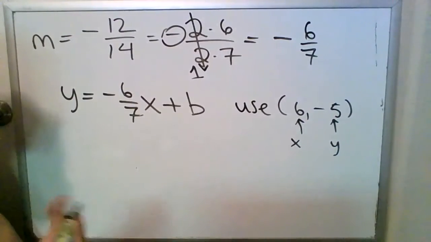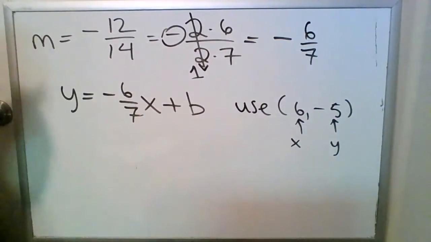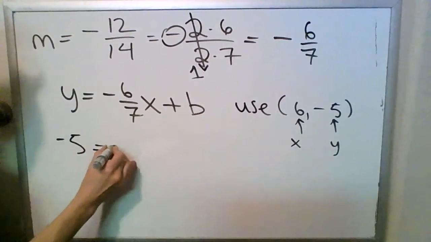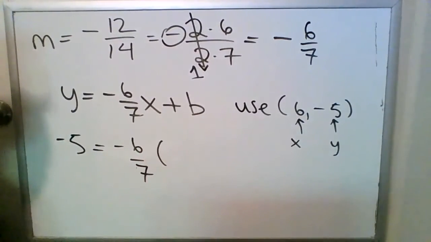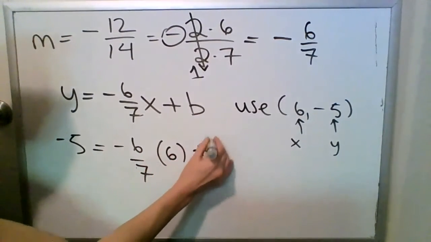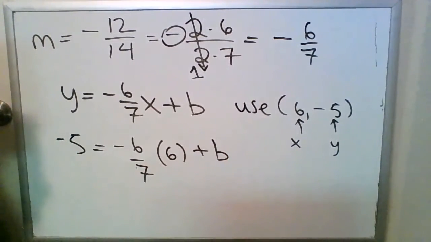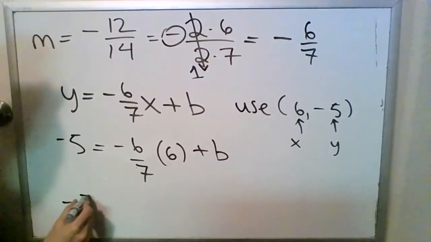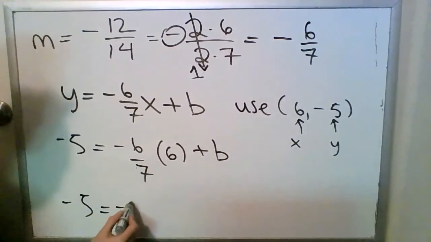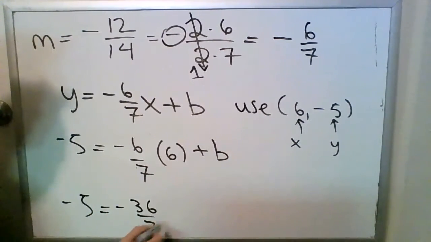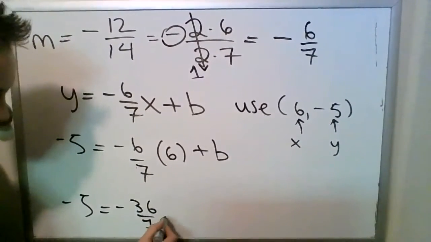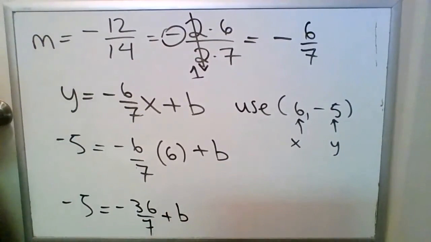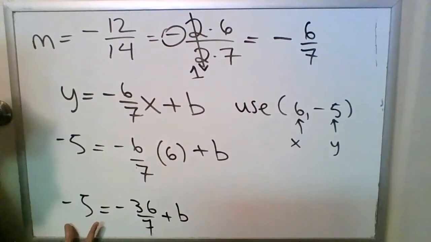But if you choose the other point, we get the same value for b. -5 is equal to -36/7 plus b. We're going to add 36/7 to both sides.